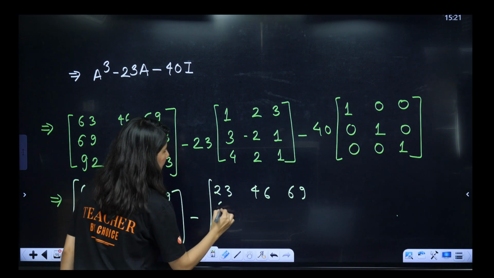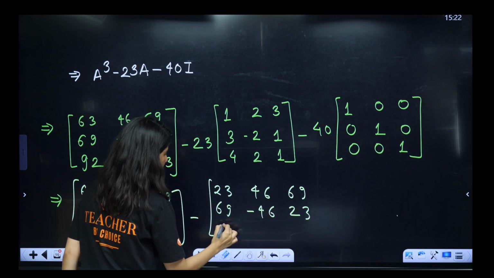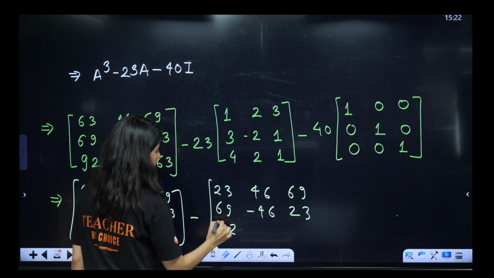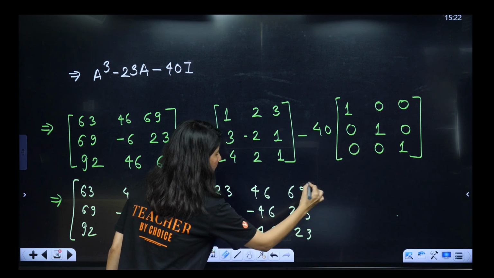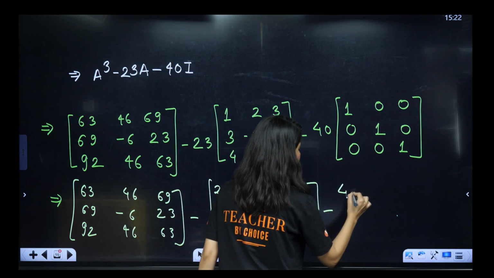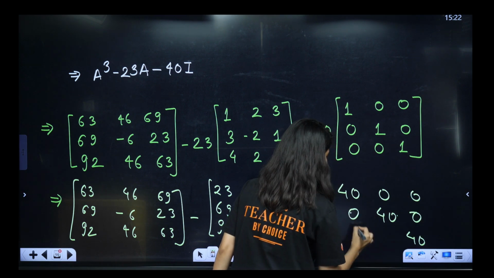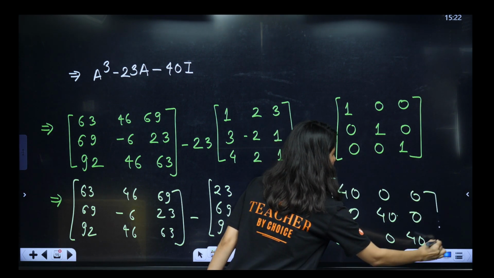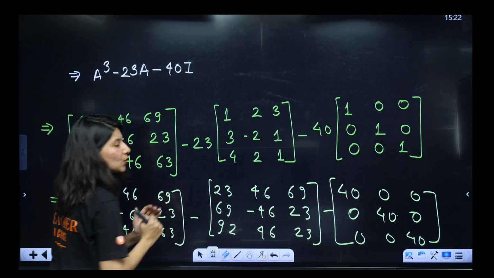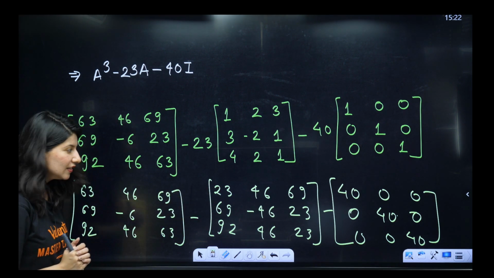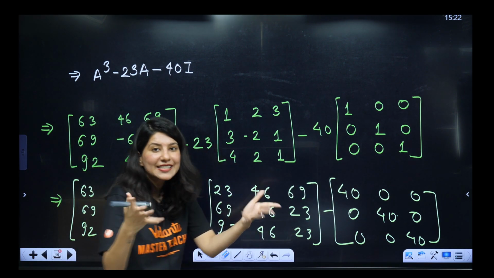This is 3, 6, 9 minus 46, 23, correct. 4 3s are 12, 4 2s are 8, 9, 92 and then 46 and then 23. Minus 40, 40, 40, rest everything will be 0, 0, 0. Okay, now do it. Now do the math, okay. 63 minus 23, tell me, 40. 63 minus 23, 40, 40 minus 40, 0.